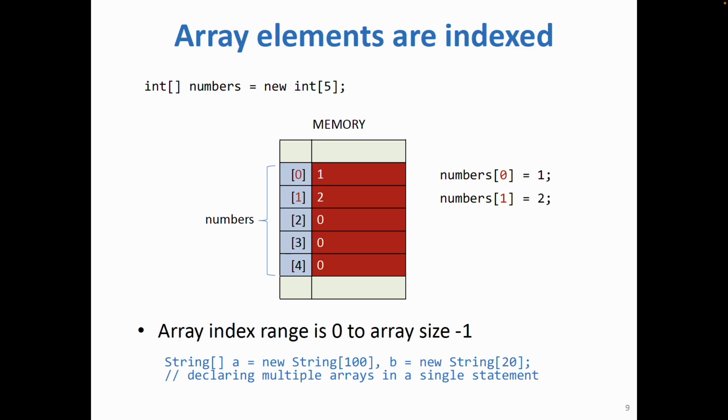The last one, which is at this part, it will be 4, so it will return this value. But in Java, you'll get an error. The program will crash. So the index should always be between 0 and the number of items minus 1. So if we said that its size should be 5, then the index should be between 0 and 4.